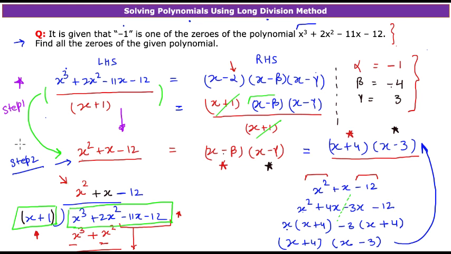So then you took to your second step, in which you solve this quadratic as you have seen here. This was your step number 2, solving the quadratic. That gave you your final result, that you obtained the last two factors of this polynomial, and hence you arrived at this solution. So with that, we take a pause here, and this was our objective: how can we utilize the long division method in solving polynomials.